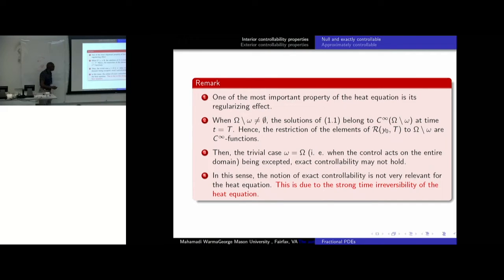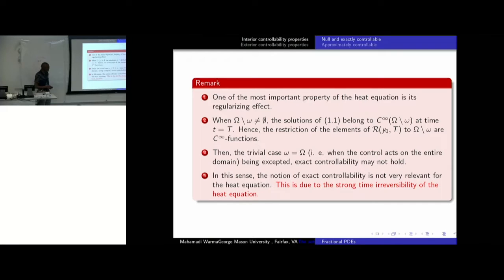But the most important property of the heat equation is its regularizing effect. The heat equation is really regularizing. What does it mean? When the small omega is not exactly the whole set, solutions of the heat equation are C infinity at time t in omega. This means that the restrictions of elements of the reachable states are also C infinity functions on capital omega minus small omega.